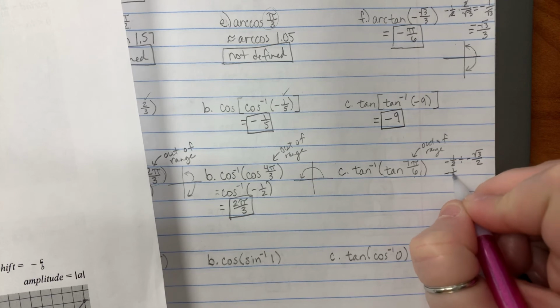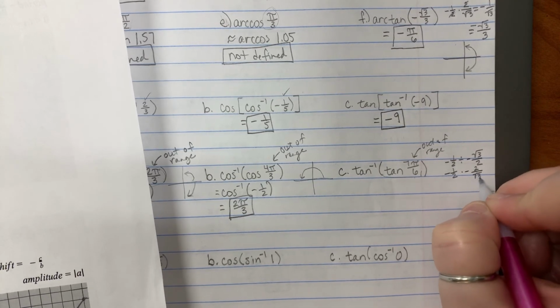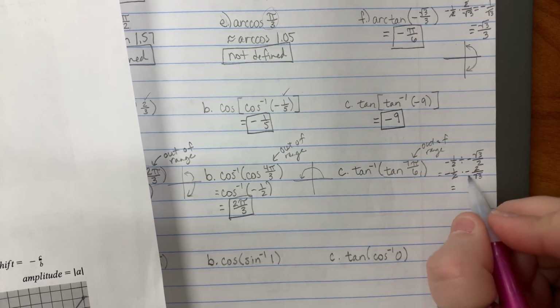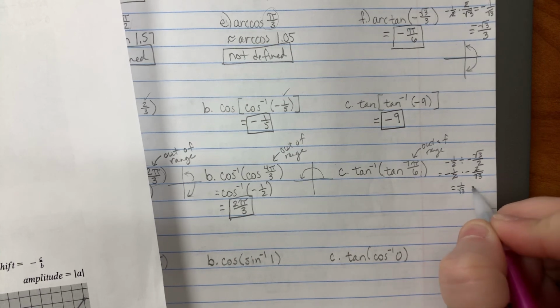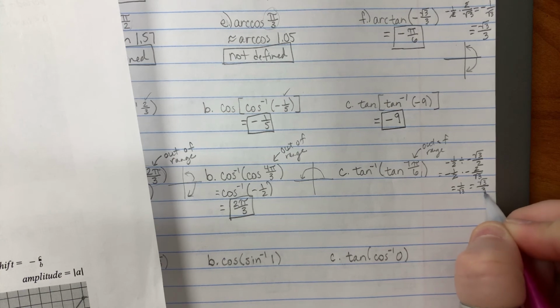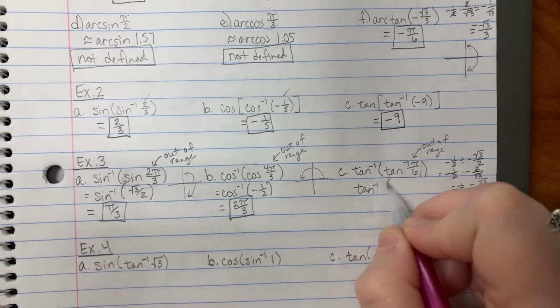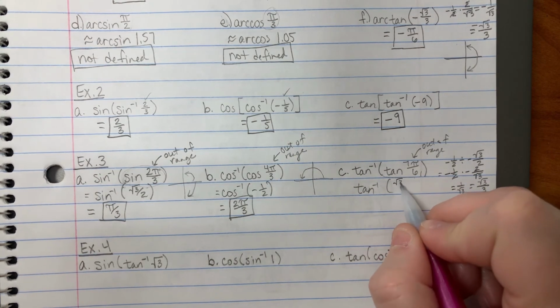That means negative 1/2 times negative 2 over square root of 3. So these will cancel. That's going to give me positive 1 over square root of 3. And if I multiply both of those by the square root of 3, I get the square root of 3 over 3. So this is the inverse tangent of square root of 3 over 3.